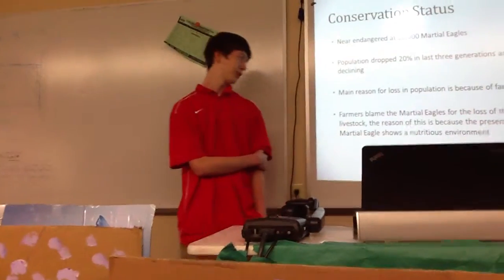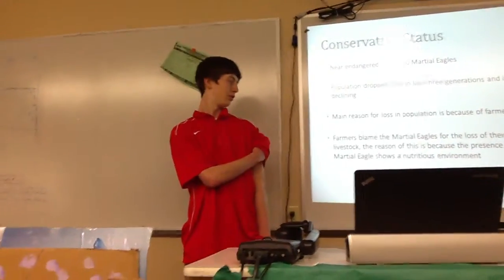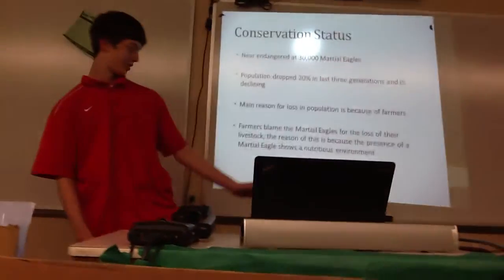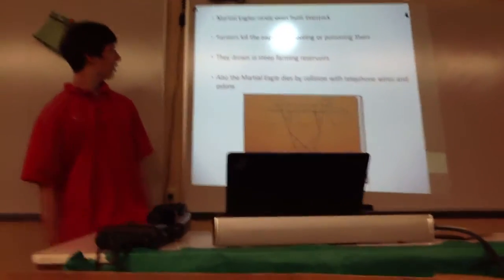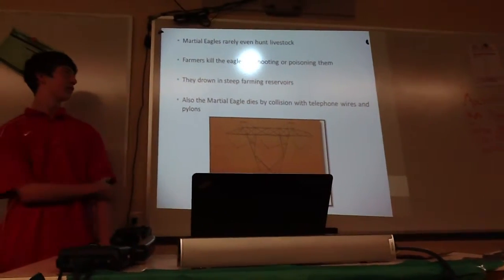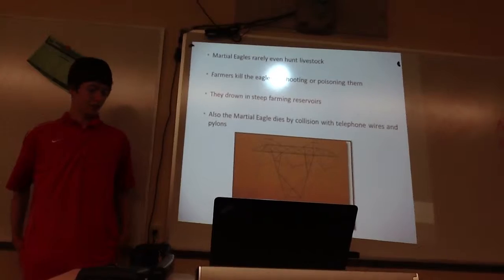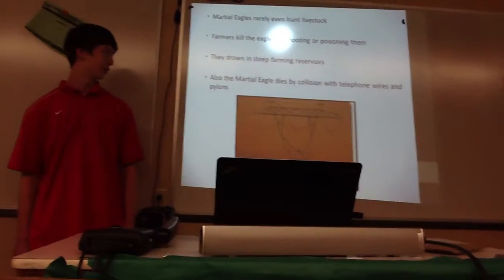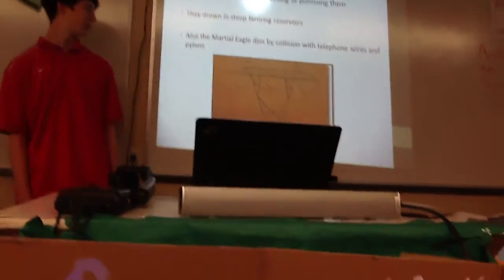The farmers blame the Martial Eagles for the loss of their livestock, but the presence of the Martial Eagle shows a nutritious environment. They rarely even hunt the livestock, but the farmers kill them by shooting them and poisoning them. They also can drown in steep farming reservoirs, and they also die by collision with telephone wires and pylons.